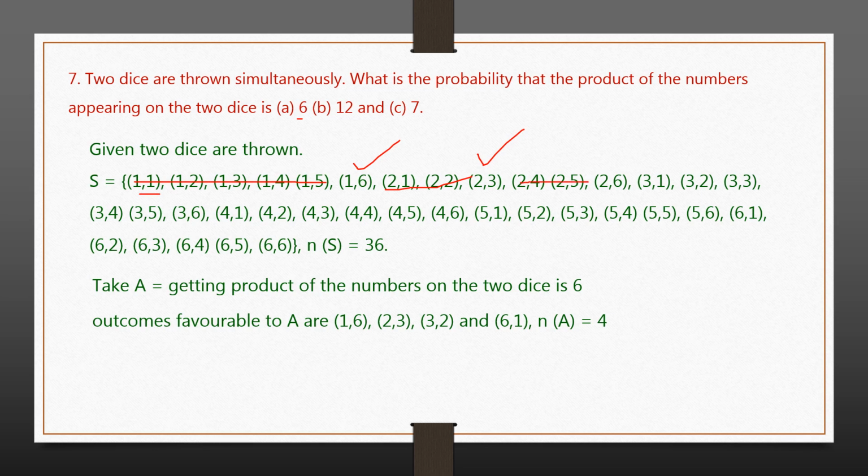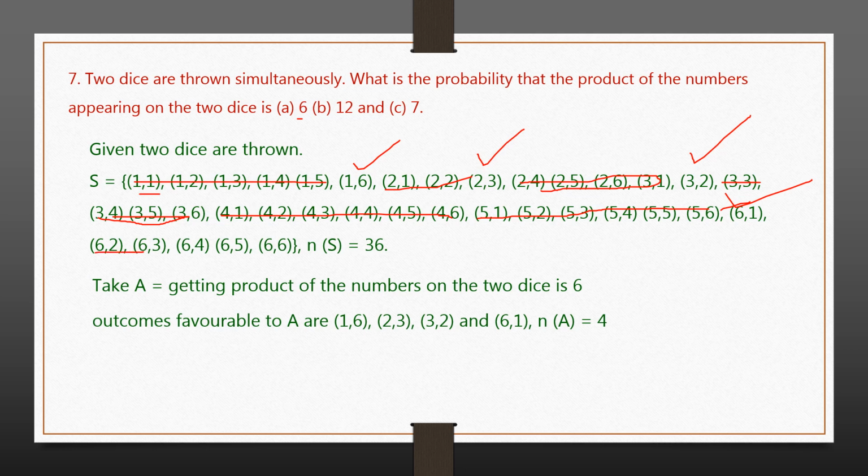Similarly 2 4, 2 5, 2 6, 3 1 are not favorable as the product of the two numbers is not 6. Whereas 3 2 is favorable to A because 3 into 2 is 6. 3 3 is not favorable, the product is 9. 3 4, 3 5, 3 6 are not favorable. 4 1, 4 2, 4 3, 4 4, 4 5, 4 6 are also not favorable as the product of numbers appearing on the 2 dice is not 6. 5 1, 5 2, 5 3, 5 4, 5 5, 5 6 also are not favorable. 6 1 is favorable to A because 6 into 1 is 6.